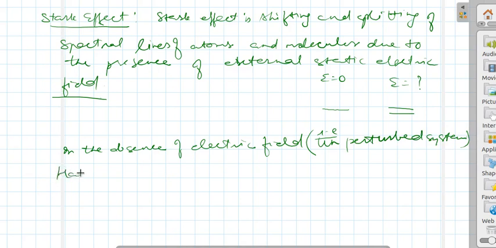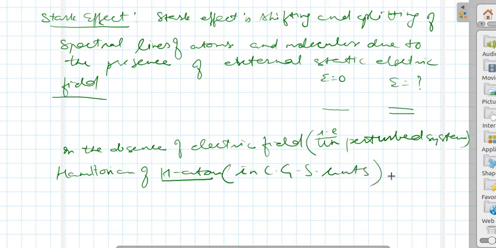The Hamiltonian of the hydrogen atom, written in CGS units, is given as H naught equal to P square by 2m minus e square by r.